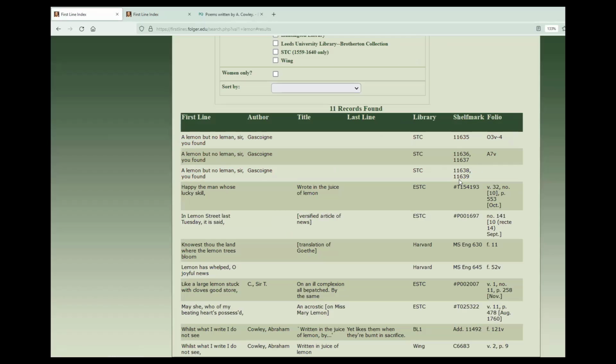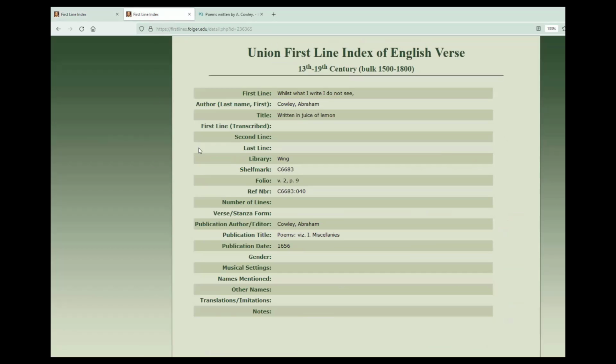In the results, you can see that the first lines and poem titles both include the word. Each first line record gives the poem title as well as the shelf mark to ease research across institutions or in Early English Books Online.